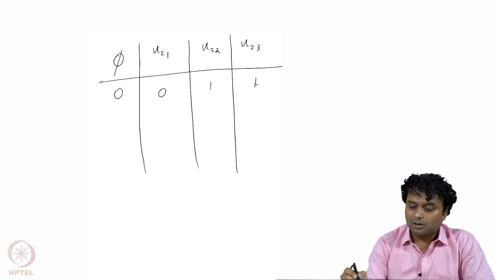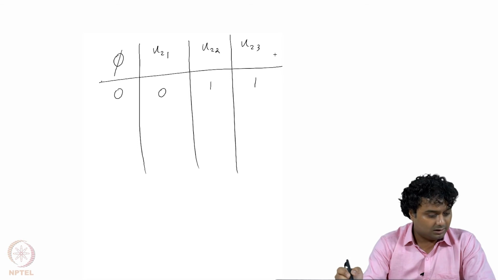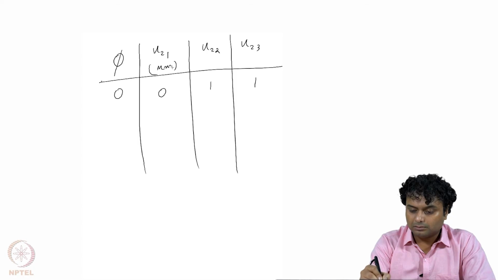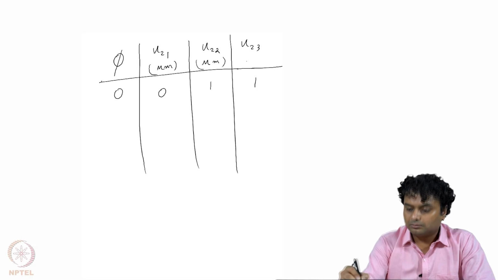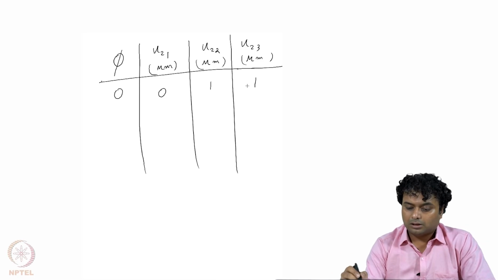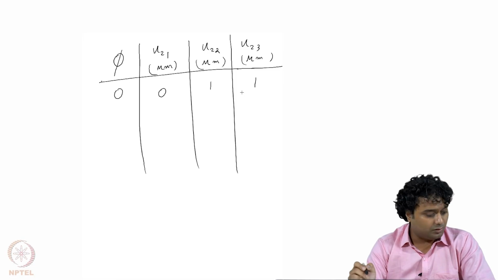So you get 0, 1, 1, and these are all in micrometer. So for 0 voltage, one root will be 0 and the other two roots will be 1.